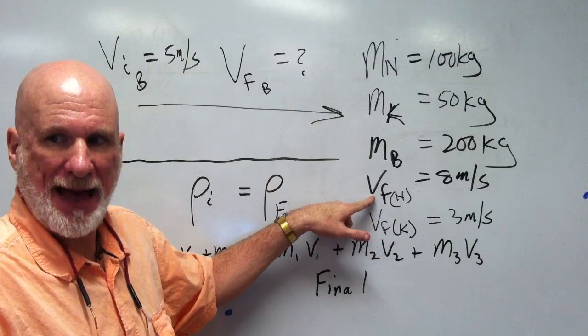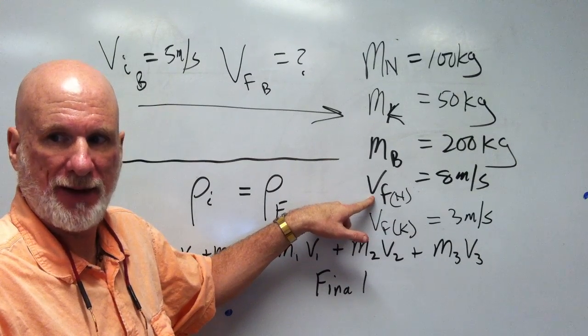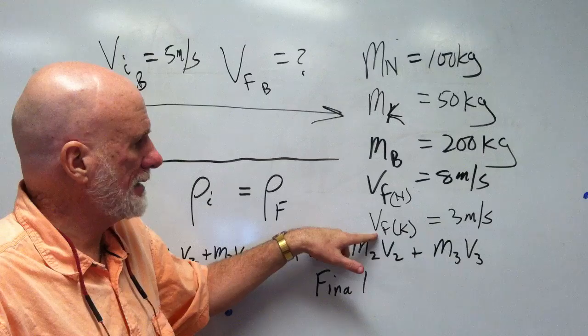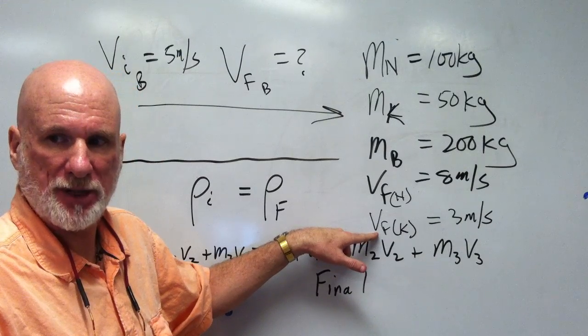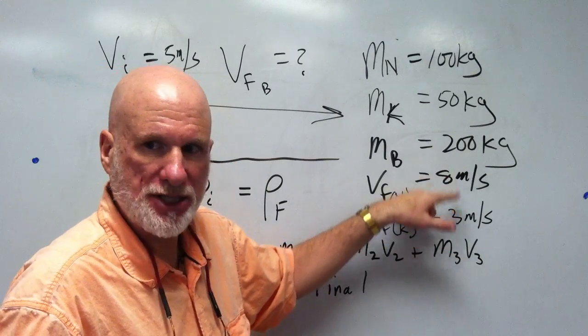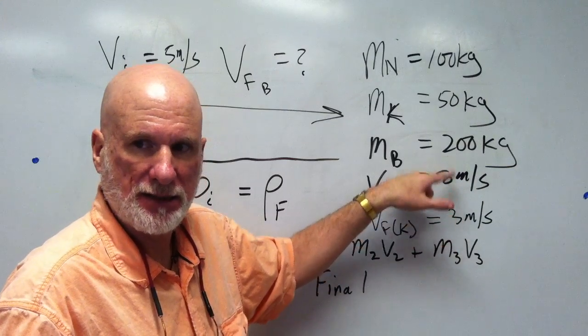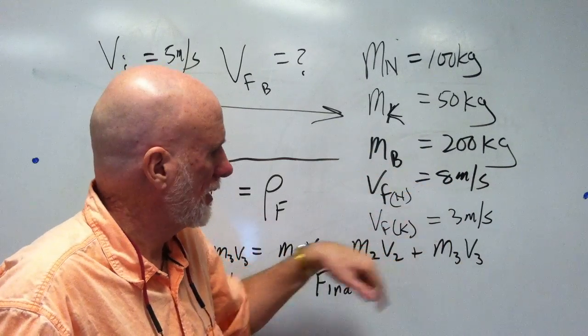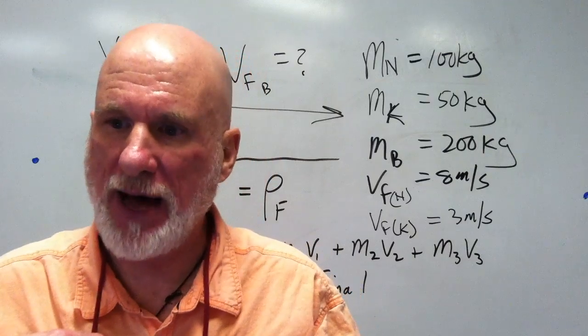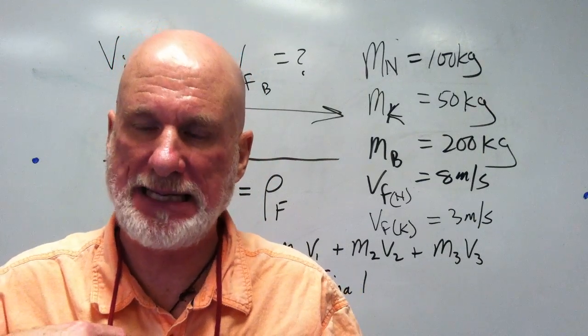Nate is going to jump off the back at 8 meters per second. Keith is going to jump off the front at 3 meters per second. These are speeds. They are not velocities. Be careful.